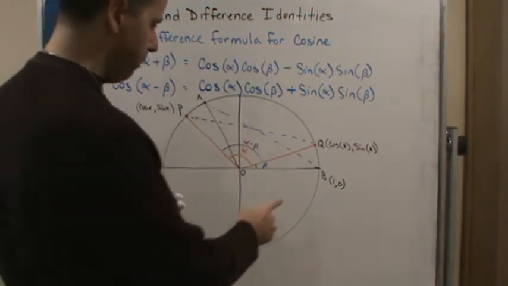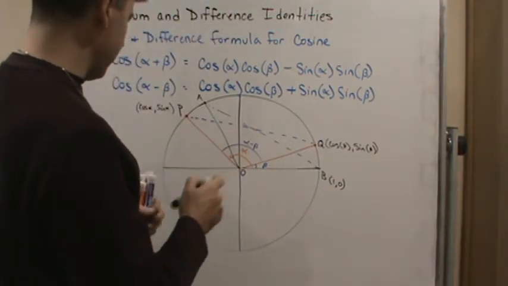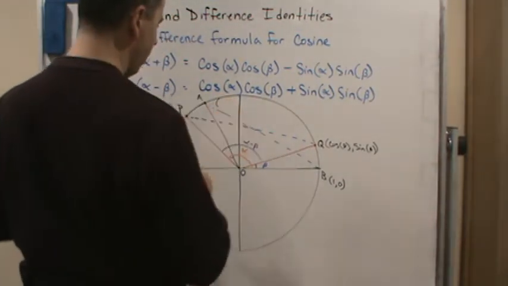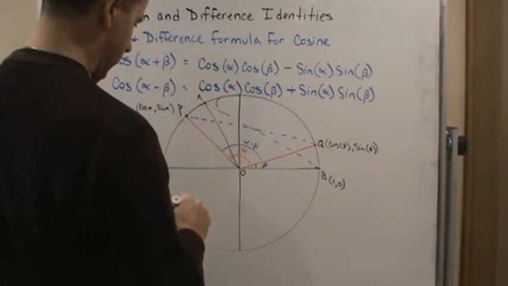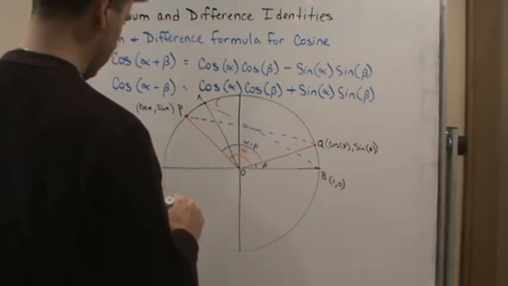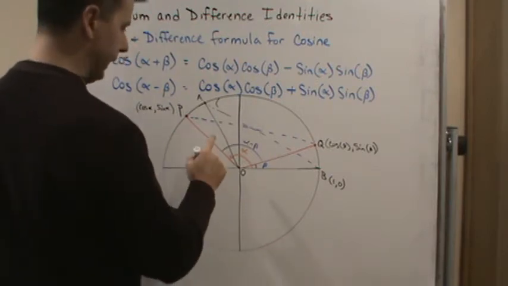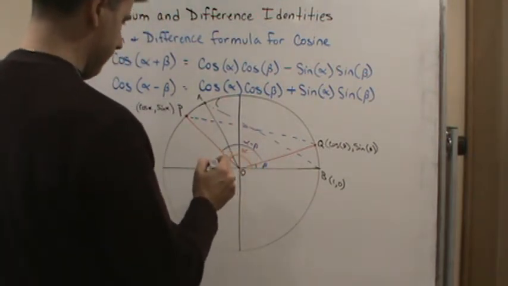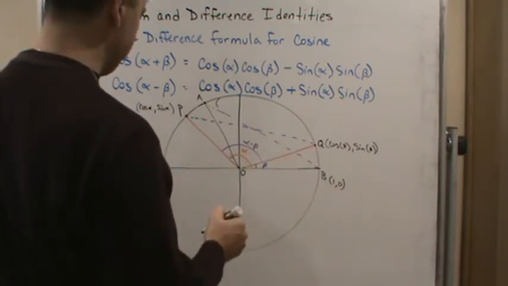Now, B is located at 1, 0. A, on the other hand, is, not A minus B, alpha minus beta.